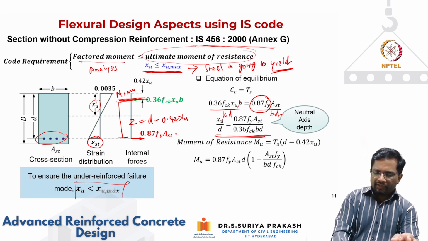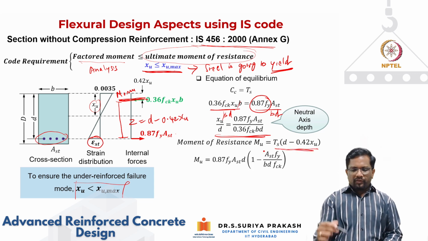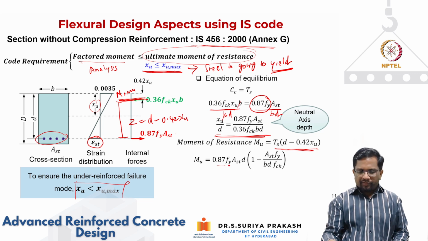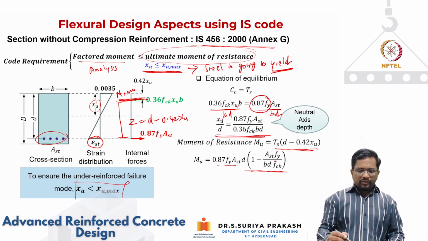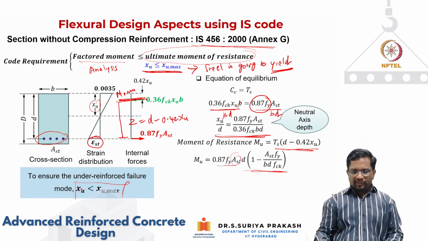So this is your tension force. Tension force multiplied by the lever arm will give me this expression for your moment of resistance as 0.87 fy Ast d multiplied by this. We have to ensure, however, to put steel in such a way that xu has to be less than xu max. This is an important thing.